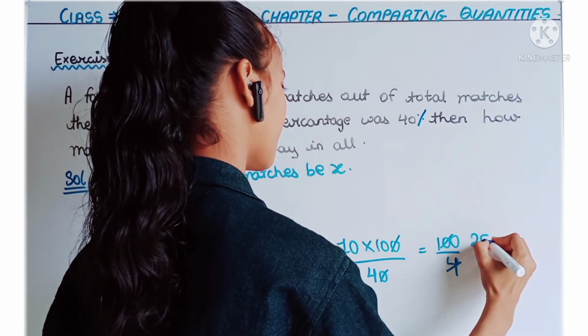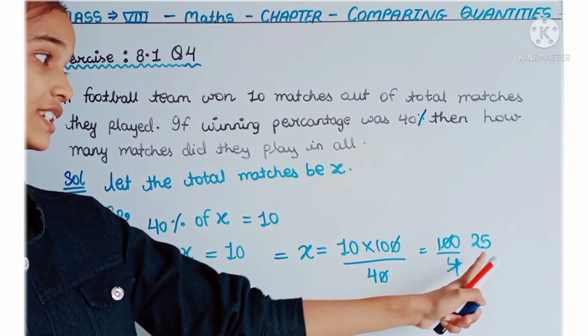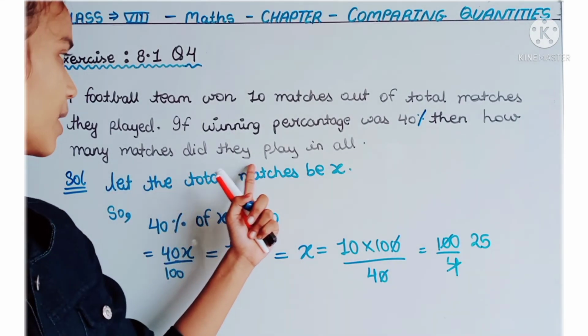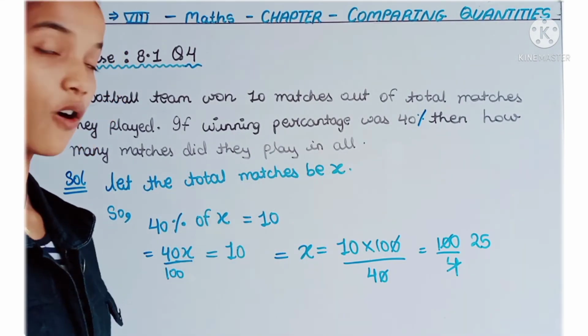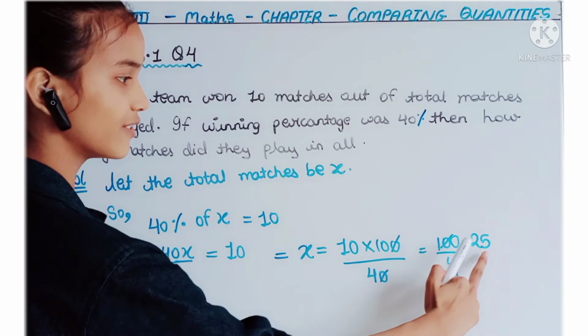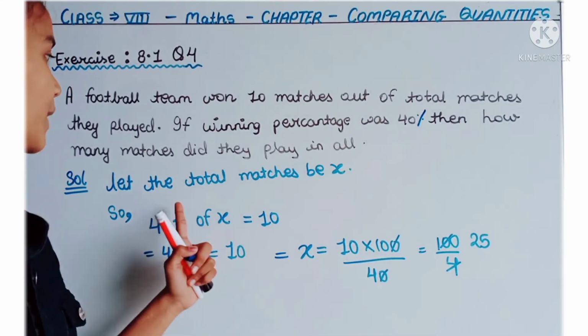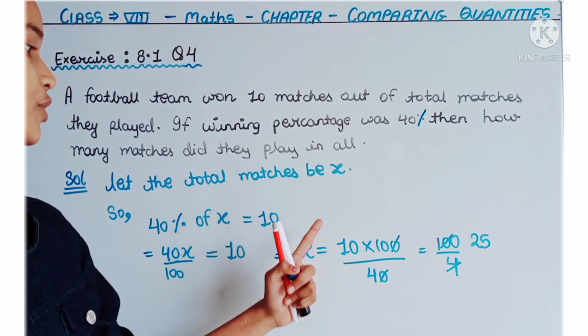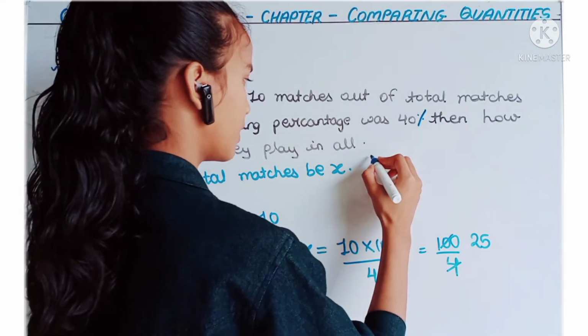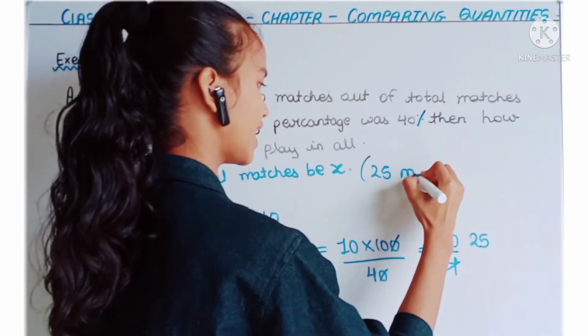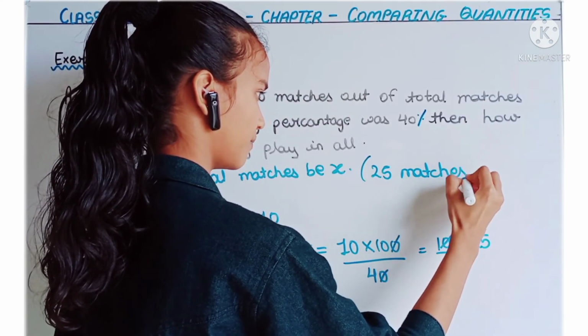Solve it. 25. So we get as the answer 25. Means the total number of matches they played in all is 25, because x is equal to 25 and x here was talking about total matches. So x is equal to 25. So we get 25 matches as the answer of this question.